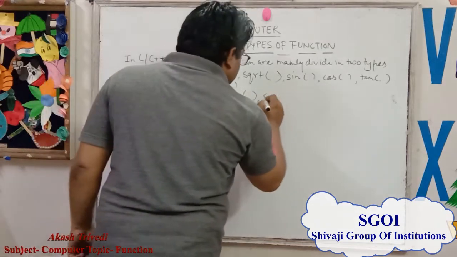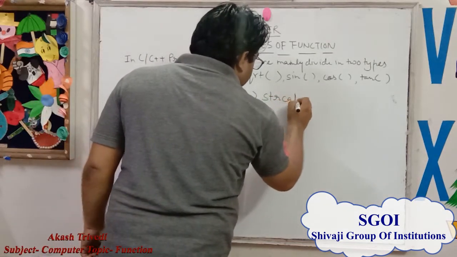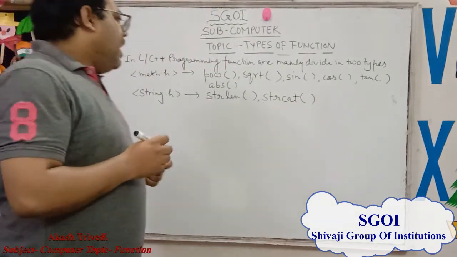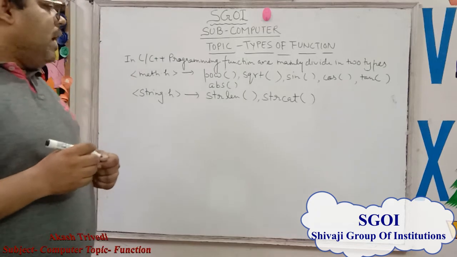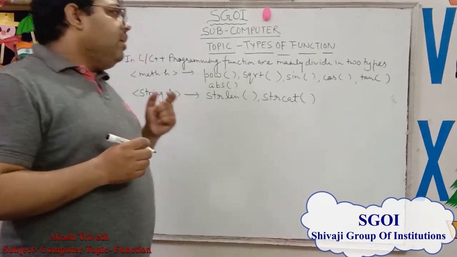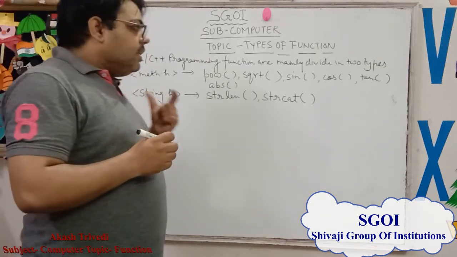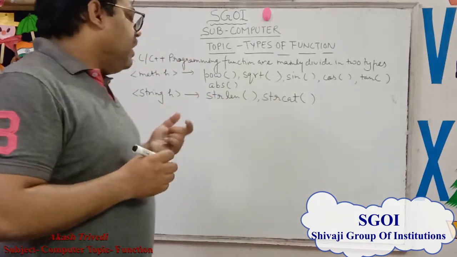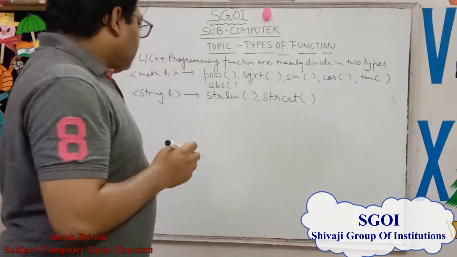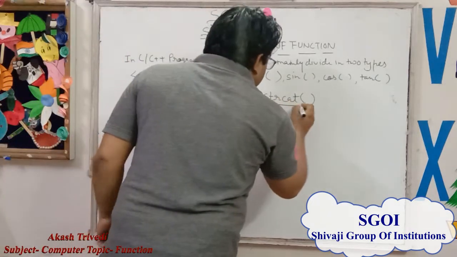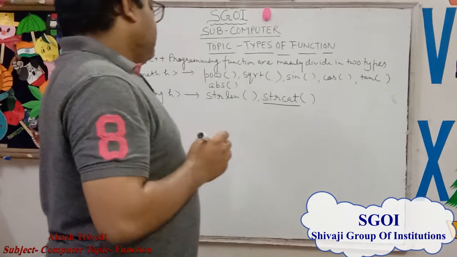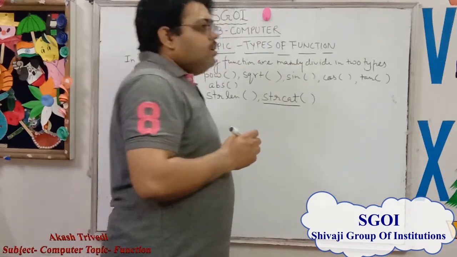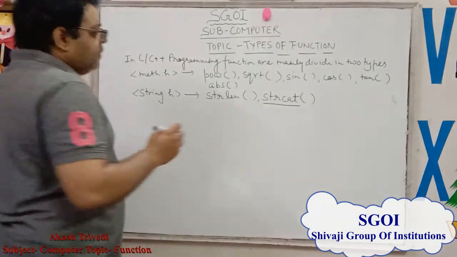After that, the function is strcat. If we take two strings, str1 and str2, and in str1 we input the string good, in str2 we input the string morning, then after the strcat operation, it concatenates both strings and the result is good morning.